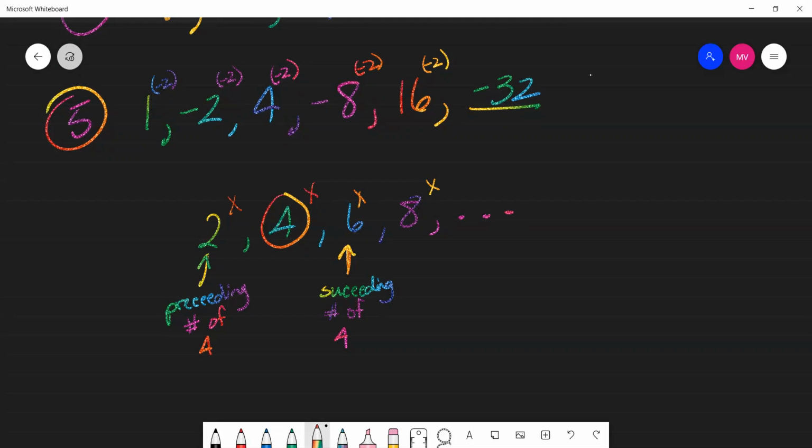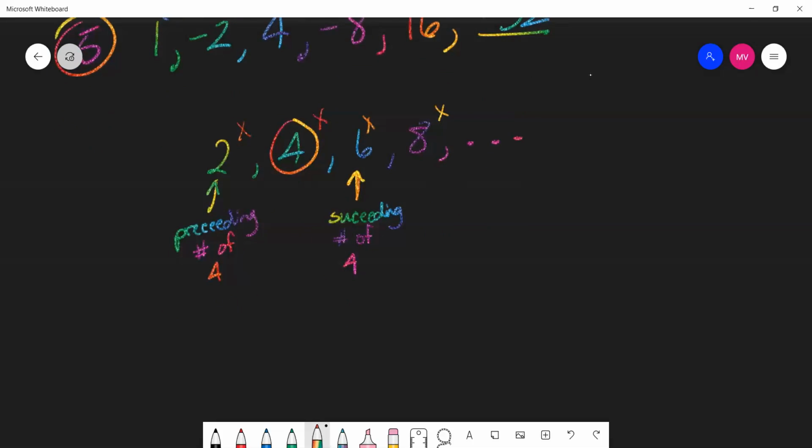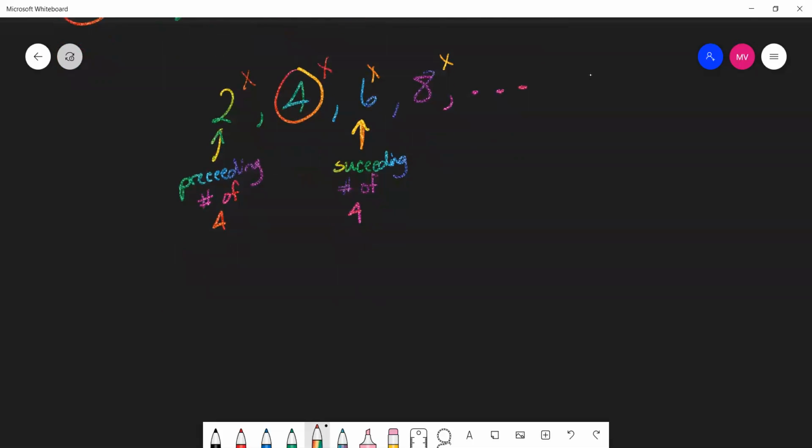All right, so the constant multiplier, which means just the number that each term is getting multiplied by to create the next term, is called a common ratio. Common ratio is what we call the multiplier that's going to be used in a geometric sequence.